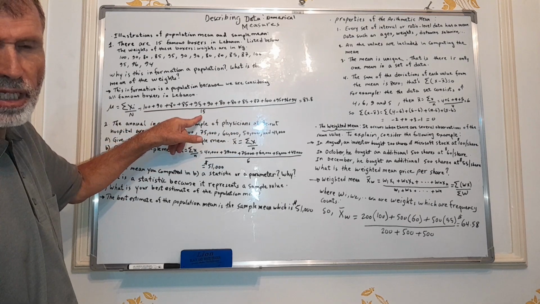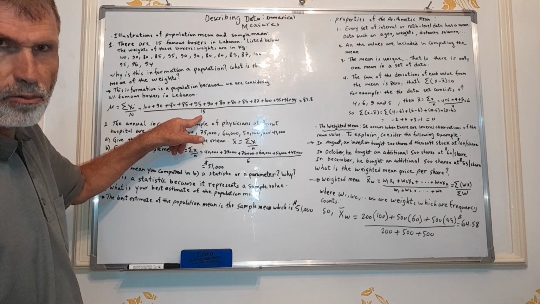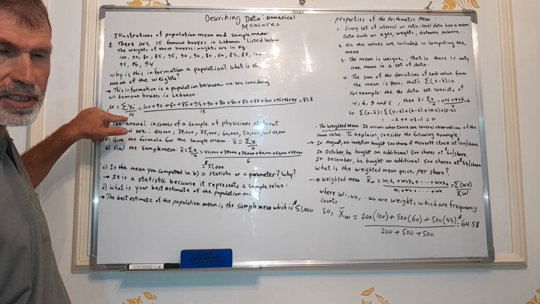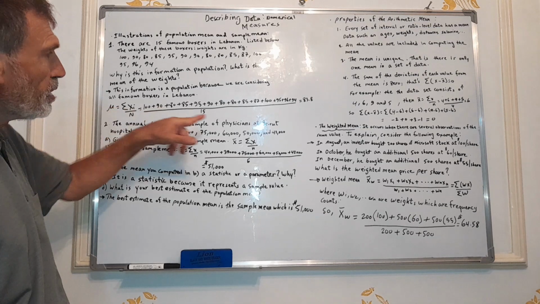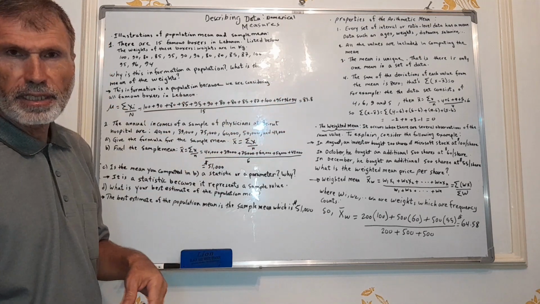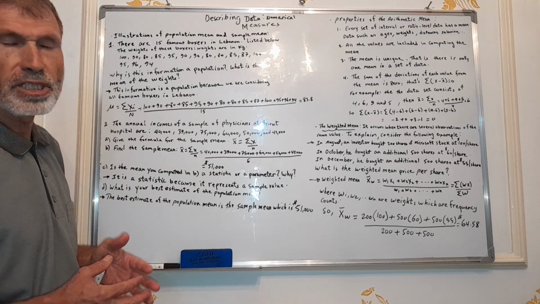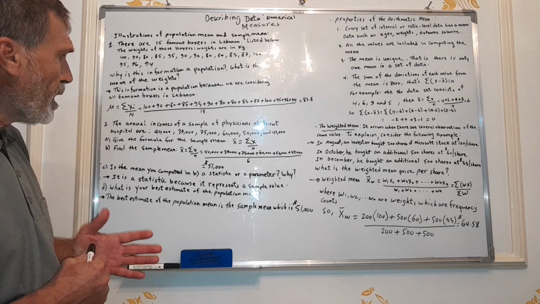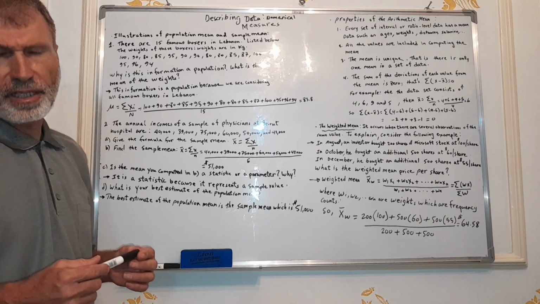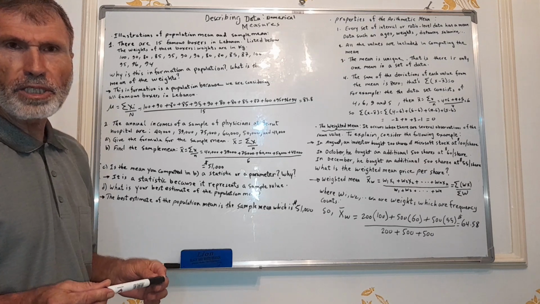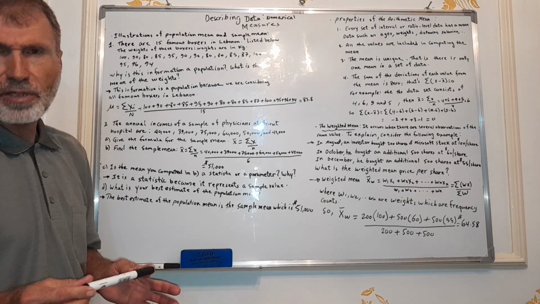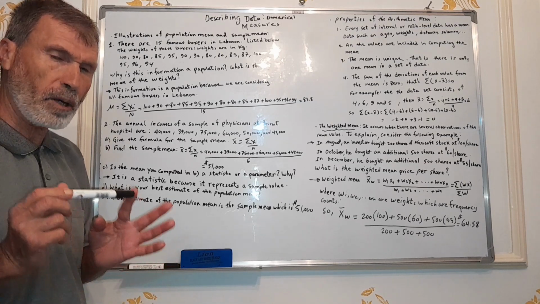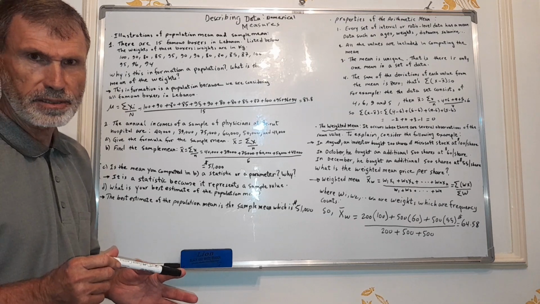We have 15 weights. We divide by n, which represents the number of observations in the population, and we come up with 83.8. This is the average weight in the population. Now remember, every characteristic of the population is called a parameter.